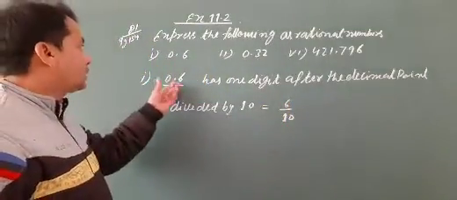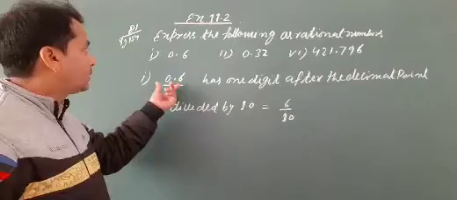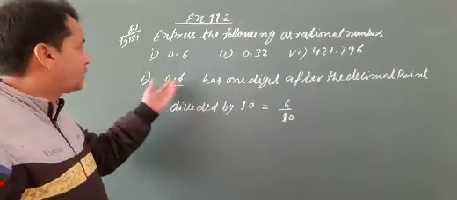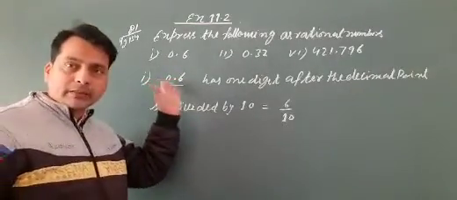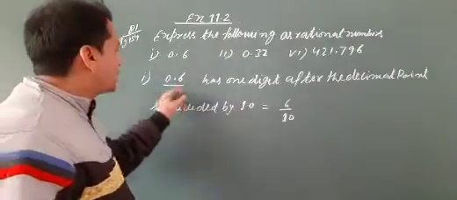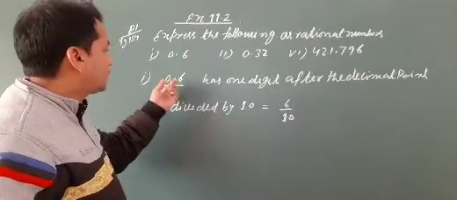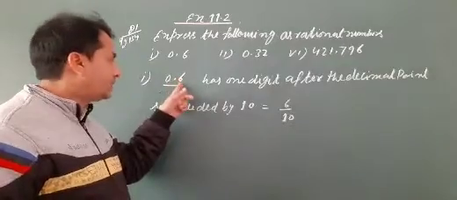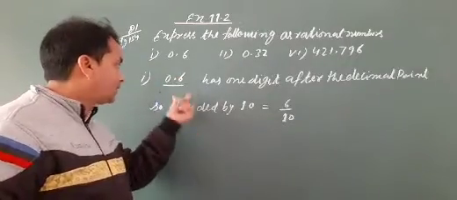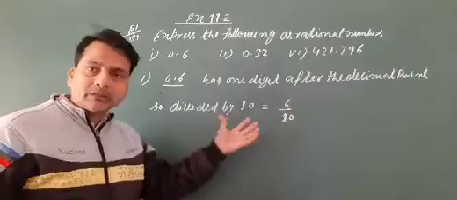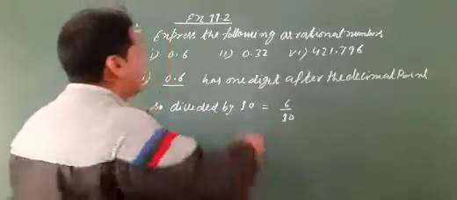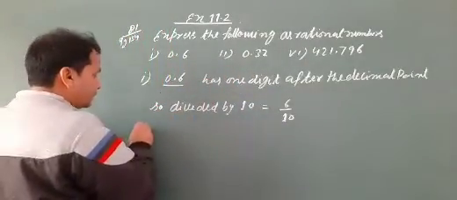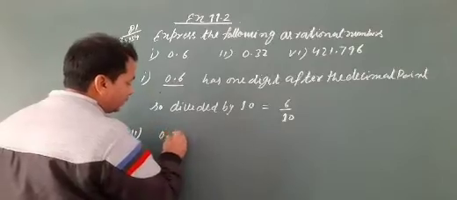So we express the decimal number 0.6 as a rational number. After the decimal point only one digit is there, so we divide by 10. Now the second is 0.32.